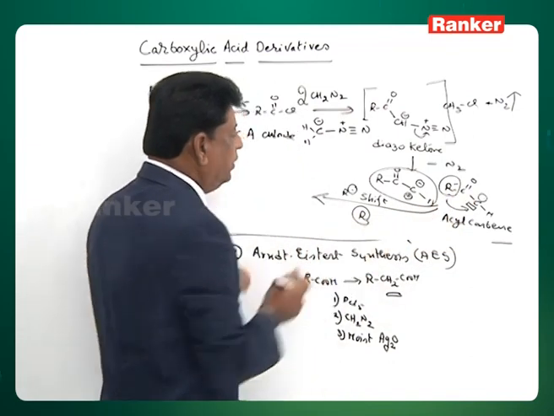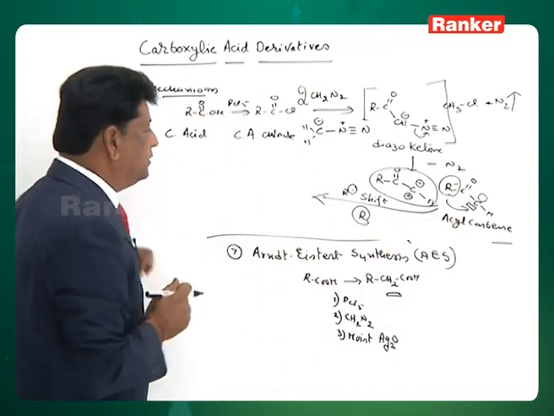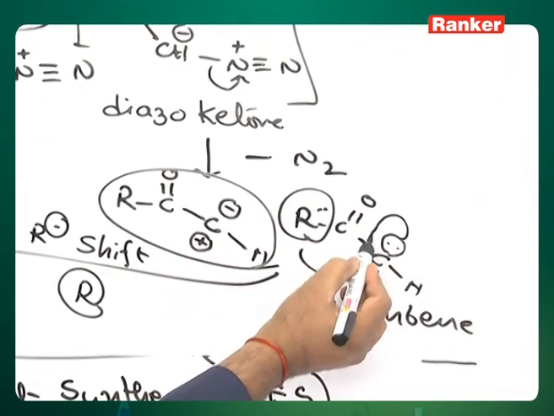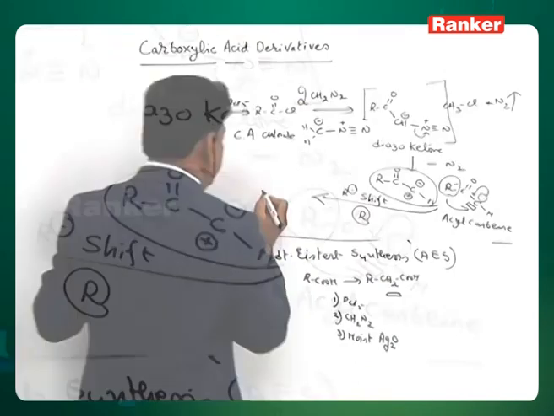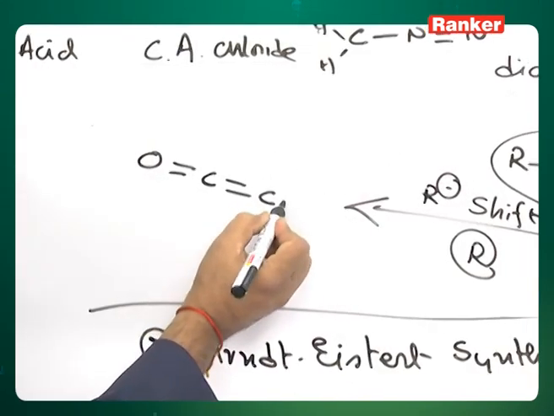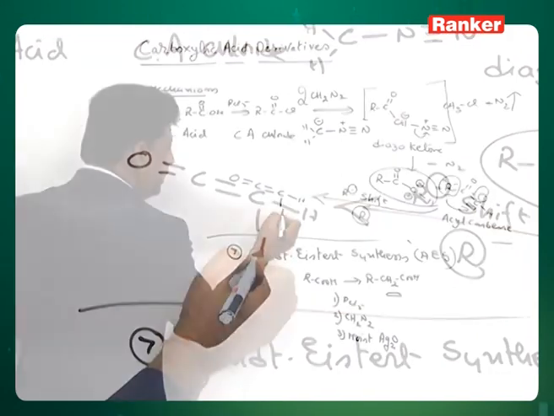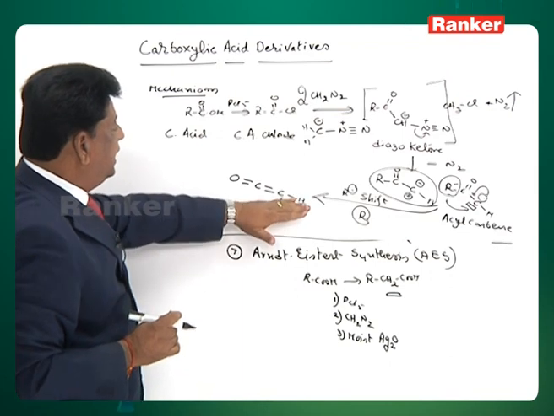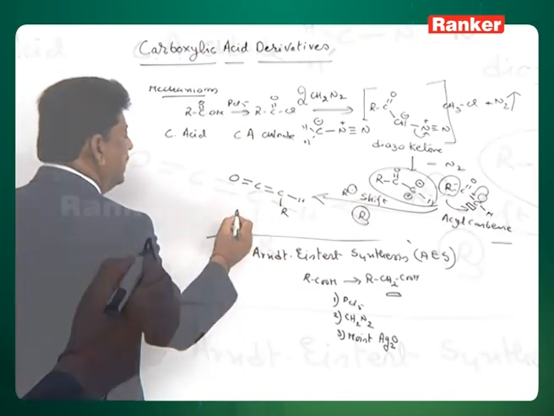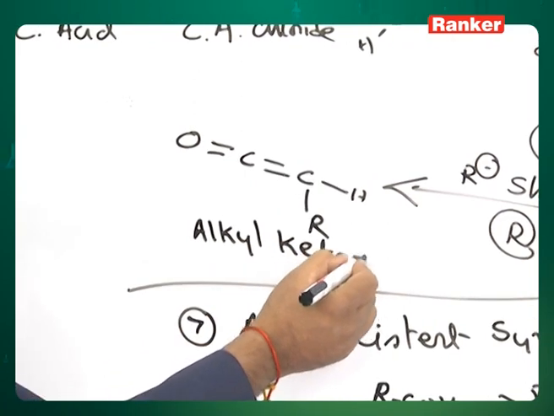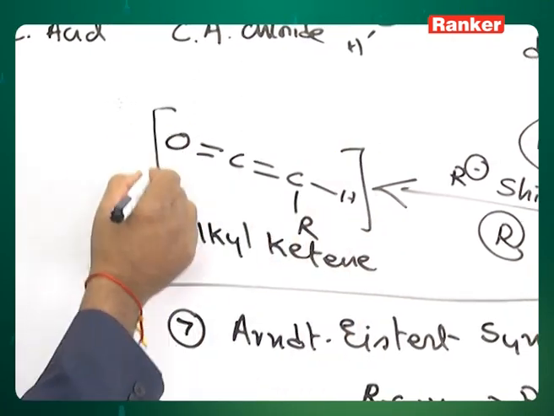So, this step we call a rearrangement step, in which this R is shifted, and immediately the lone pair is used to make a bond. So, we get C double bond O, double bond C with one hydrogen and the shifted R. This is called a ketene with R, so this is called an alkyl ketene. This is also another intermediate compound.